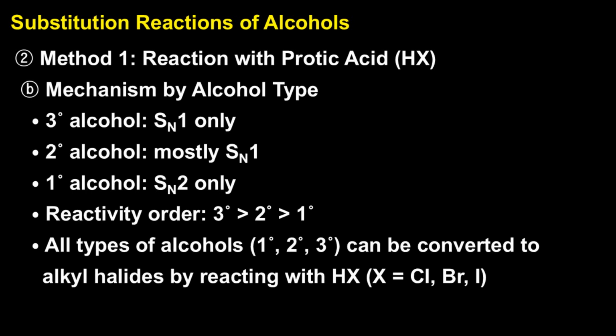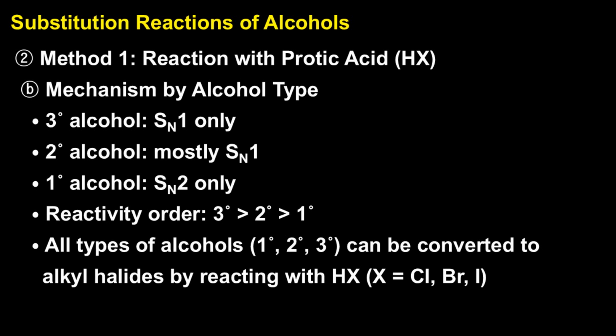Now let's break it down by alcohol type, because whether it's SN1 or SN2 really depends on the structure. Tertiary alcohols always go SN1. They form stable carbocations, so that path just makes sense. Secondary alcohols usually follow SN1 too, though conditions can make a difference. Primary alcohols, on the other hand, can't form stable carbocations, so they only react through SN2.